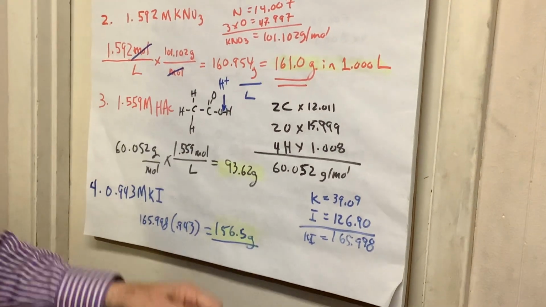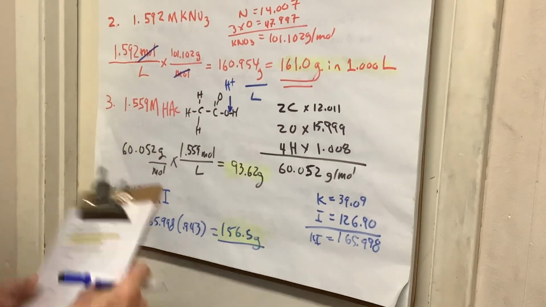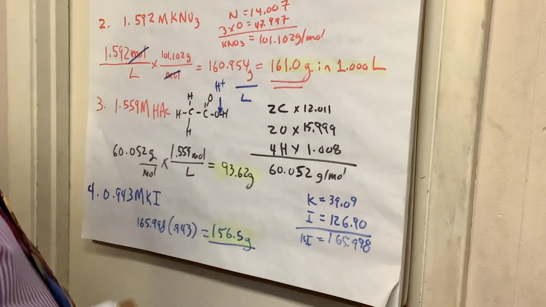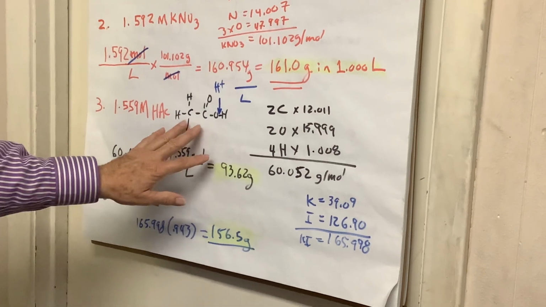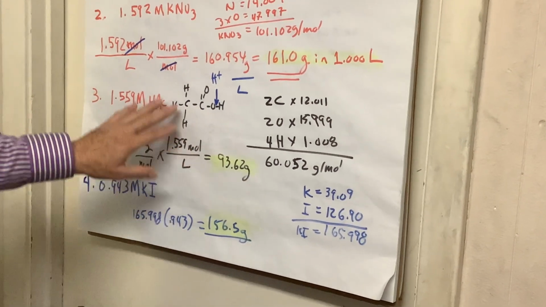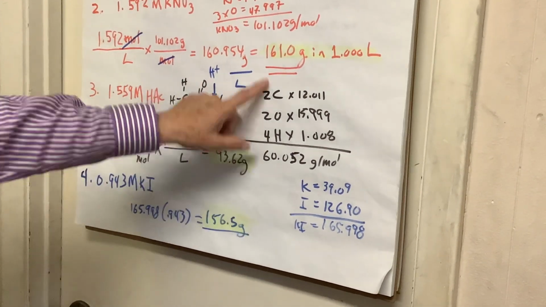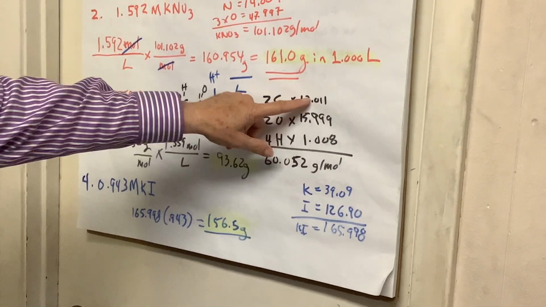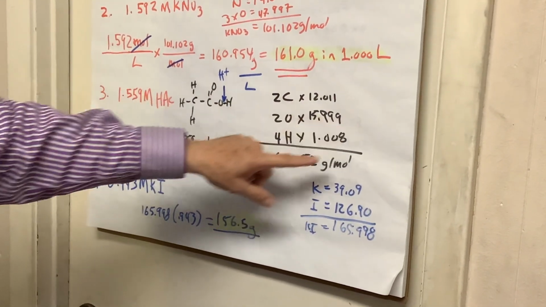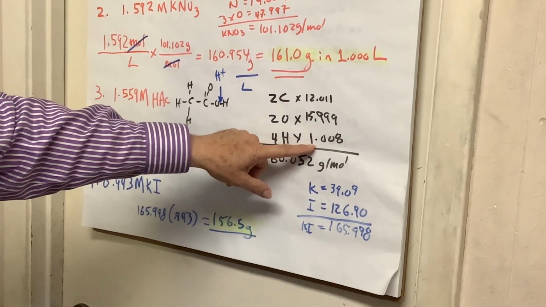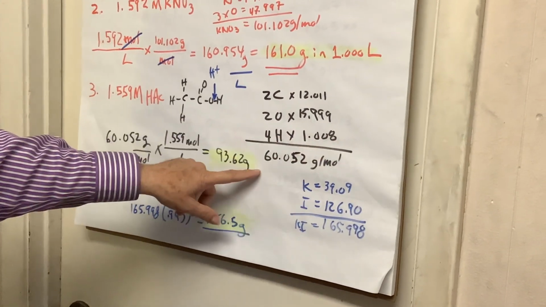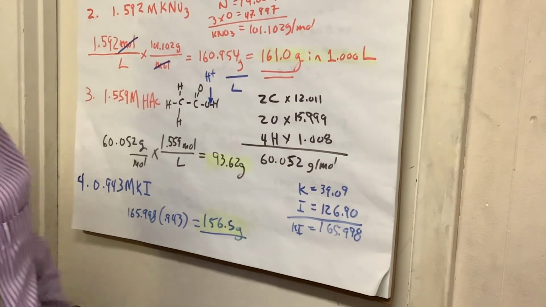It's a weak acid, so there's an equilibrium between this popping off and going back on. But there's its structure. 2 carbons, 4 hydrogens, and 2 oxygens. And if you add 2 carbons, 2 times 12, 2 oxygens, 2 times 16, and 4 hydrogens, 4 times 1.008, you get a mass of 60.052.